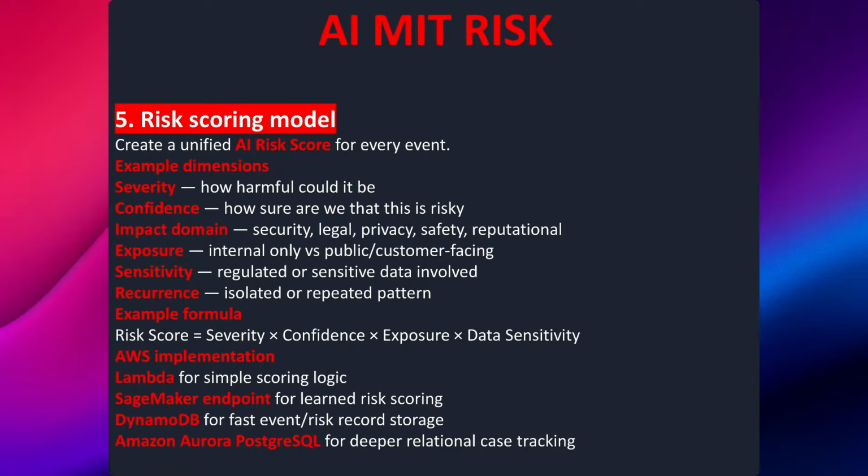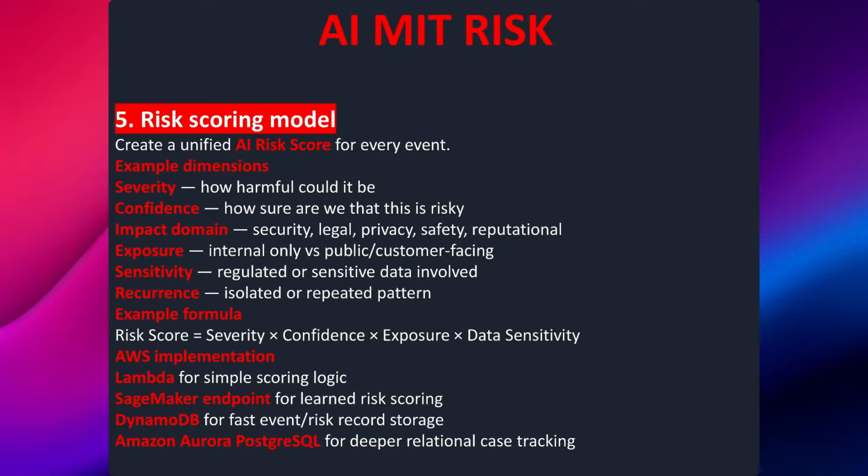Like you said, this is creating a unified AI risk score: severity, how harmful it could be; confidence, how sure are we that this is risky; impact domain, security, legal, privacy; exposure, internal only, or public facing and customer facing; sensitivity, regulated or sensitive data involved; recurrence, isolated or a repeated pattern.